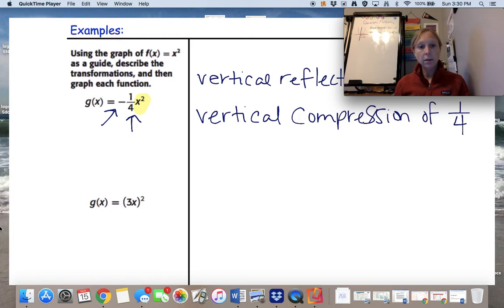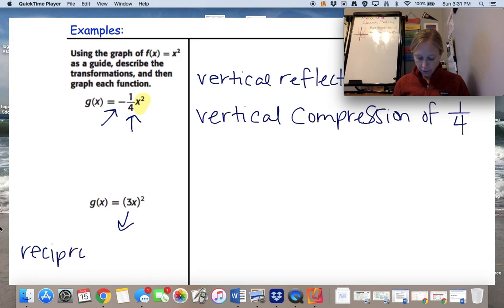Remember, x squared is our parent function. The only other thing I see is right there, that 3x, that 3 being multiplied inside with the x. Remember, when there's a multiplier inside, it's a horizontal stretch or compression. But before we can use any vocabulary, the first thing we have to do is take the reciprocal.